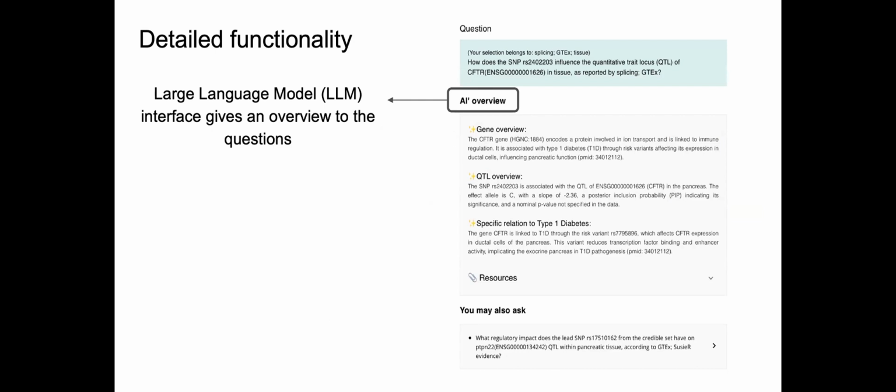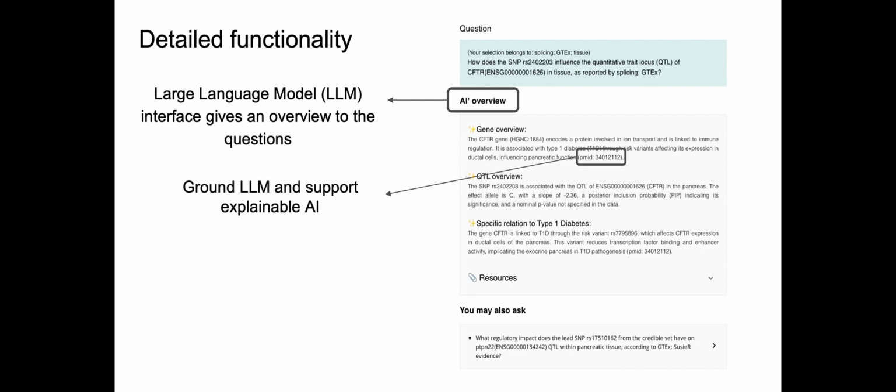So behind the scene, the AI answer is really powered by large language models that can give an overview to the question. And then because we have this literature summarized in the knowledge graph, we can provide real literature references here, like PMID.